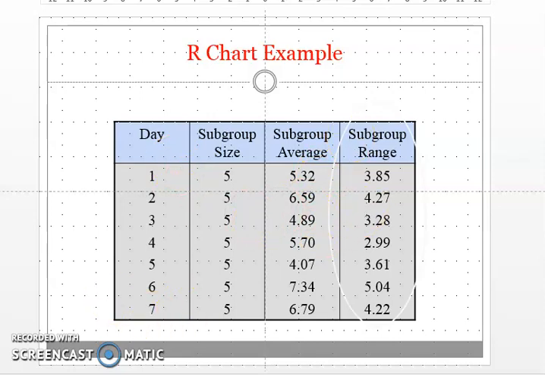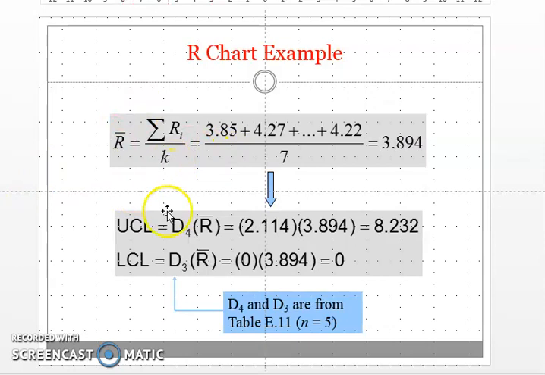Then here you have to calculate R mean, the summation of Ri divided by the number of days, and D3 and D4. D4 is 2.11, taken from the table available at the end of the Mahajan book, and D3 likewise, and you have calculated this upper control limit. Here the lower control limit is 0.